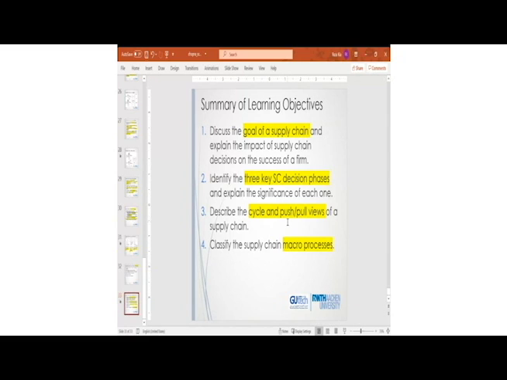What is the cycle view, what is the push and pull view, and what are the macro processes in a supply chain. So by the end of this chapter, when you have studied the lectures and also some exercises from the book, you are expected to be knowledgeable in these highlights.